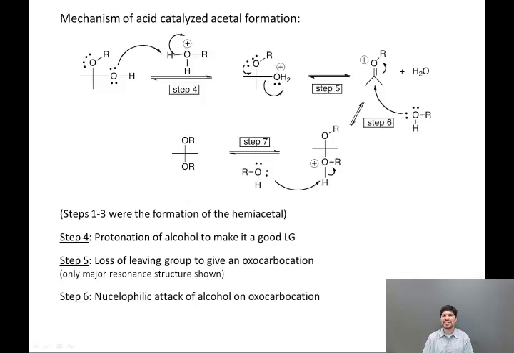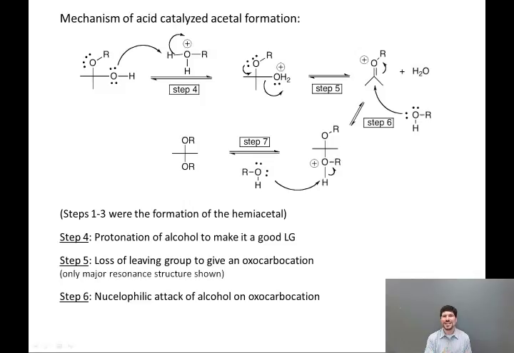Then step 6 is nucleophilic attack of the alcohol on the oxocarbocation. If we were working from the other resonance structure with the positive charge on carbon, the oxygen would be bonding directly to the atom with the positive charge, but you should recognize the depicted structure of the oxocarbocation as being very similar to the protonated carbonyl from step 1 of hemiacetal formation.